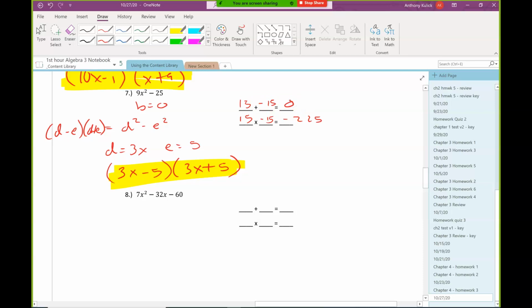Those would have been the two numbers that you would have needed. And you could have done the grouping like we did in the previous problem. But I think that this is considerably quicker. And that's a really pretty useful formula, at least as far as factoring goes. Is that okay, Paradise? Yes, thank you. Of course.